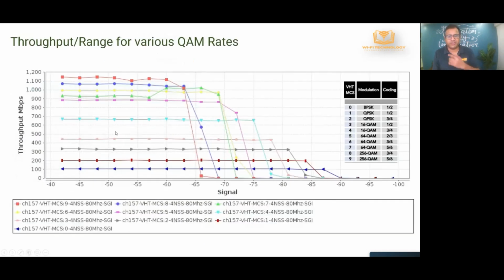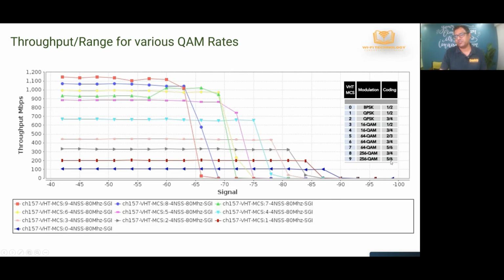The same concept applies here. This is basically what we call a receiver sensitivity test, where we run a throughput test at different modulation and coding schemes. For example, the red line here is MCS9, which corresponds to 256 QAM, a very high modulation rate, and 5/6 coding, which means that for every 5 bits, you're transmitting 6 bits.